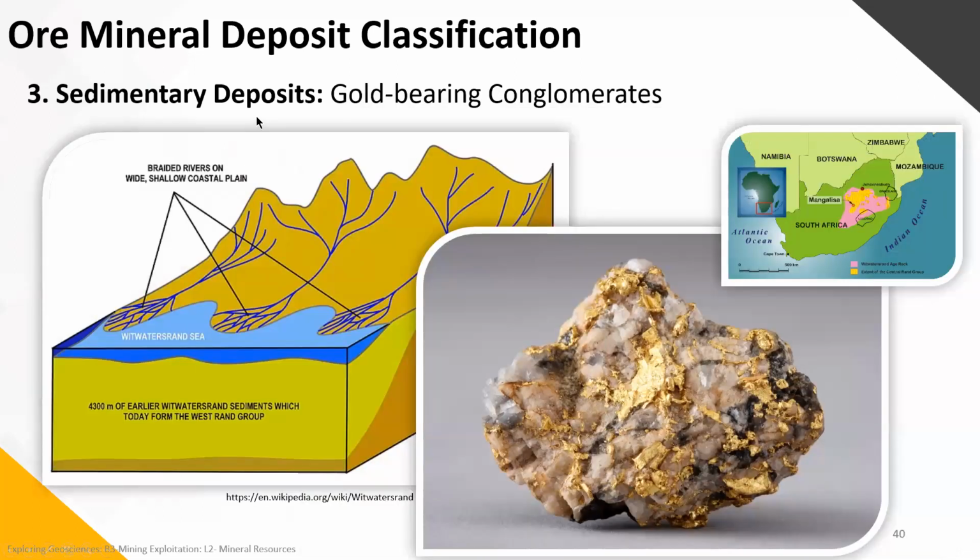We also have within the sedimentary deposits gold-bearing conglomerates. Conglomerates are sedimentary rocks that are formed by rock fragments of one source or many sources and a matrix. Rock fragments within a matrix automatically shows that the rock has a porosity.